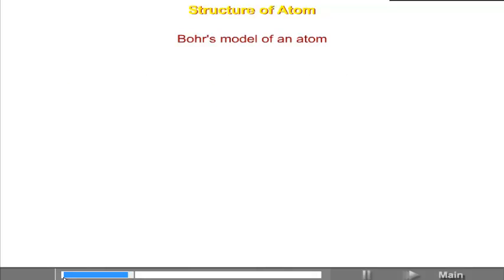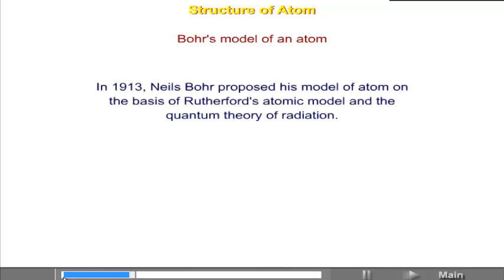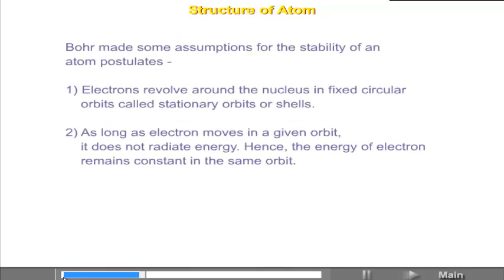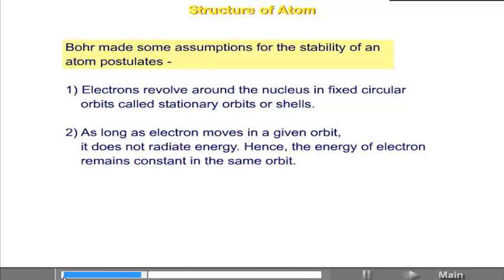Bohr's model of an atom. In 1913, Niels Bohr proposed his model of atom on the basis of Rutherford's atomic model and the quantum theory of radiation. Bohr made some assumptions for the stability of an atom. Postulates.